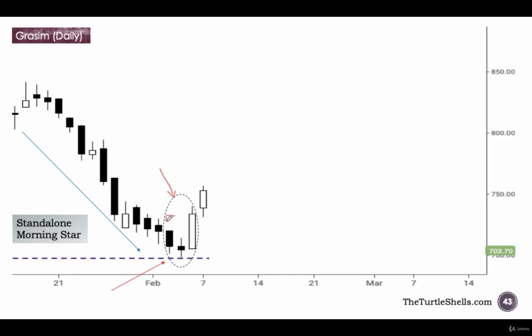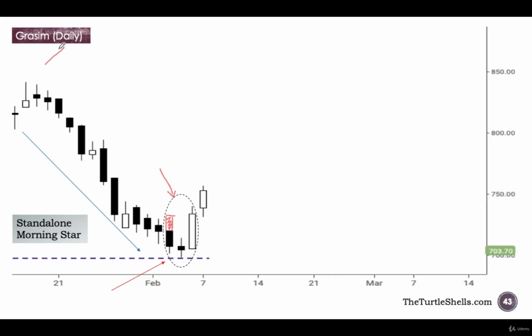So if this would have opened here, then it would have been a nice Morning Star. Okay? That is one problem with calling this pattern a Morning Star. Second is the spinning top is touching both the first and the third candle. Okay? Those are the problems that I see with this Morning Star.